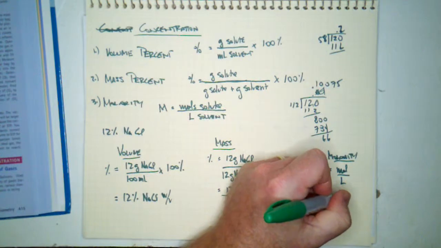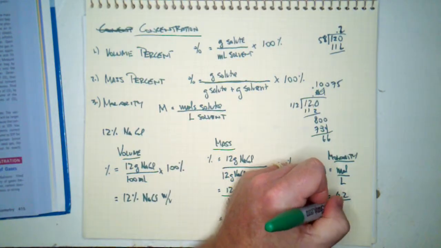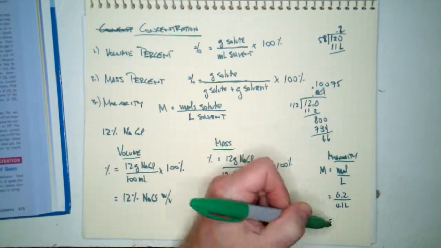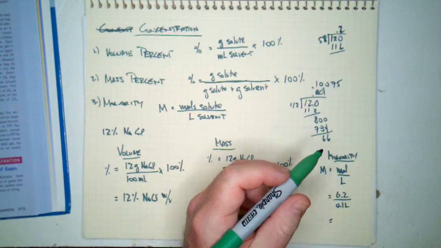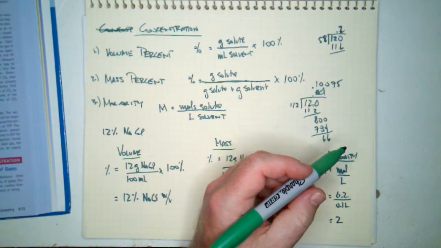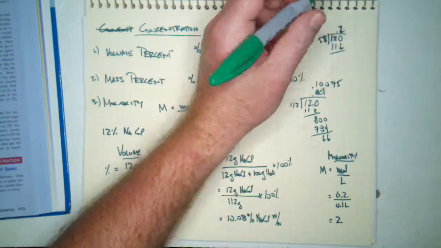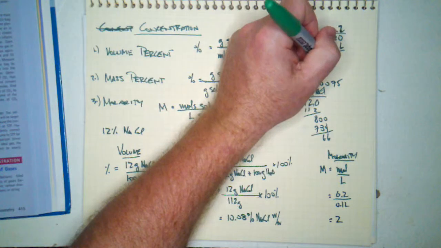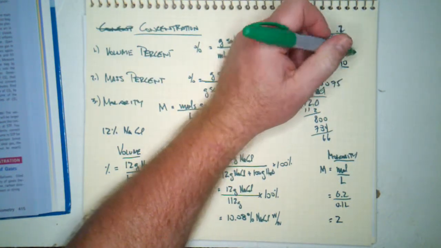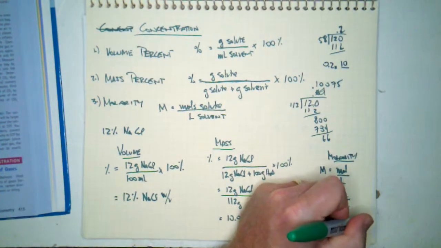So it's 0.2 divided by 100 milliliters, or 0.1 liters. 0.2 divided by 0.1, so that's 0.2 times 10 equals 2 molar NaCl.